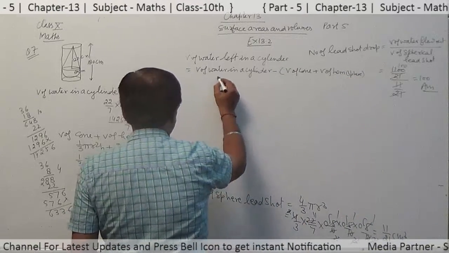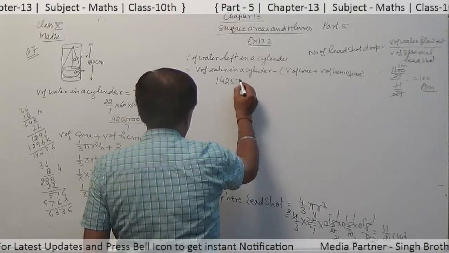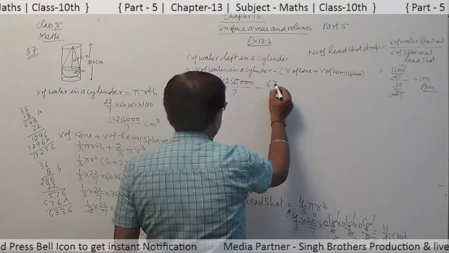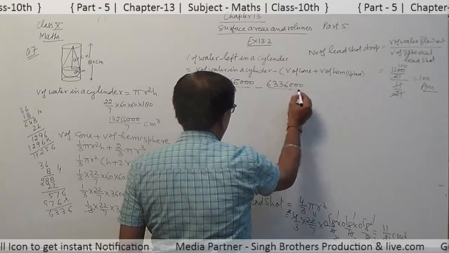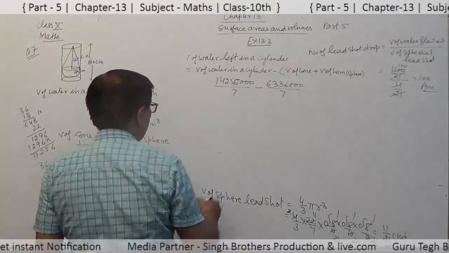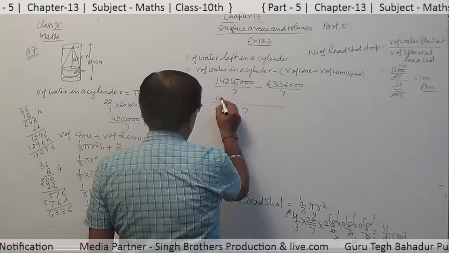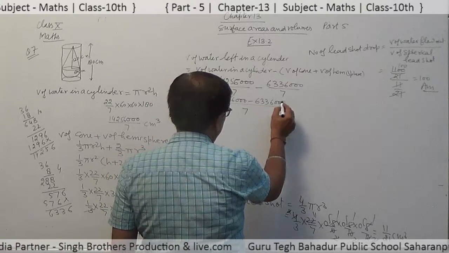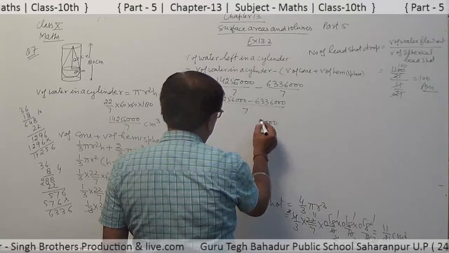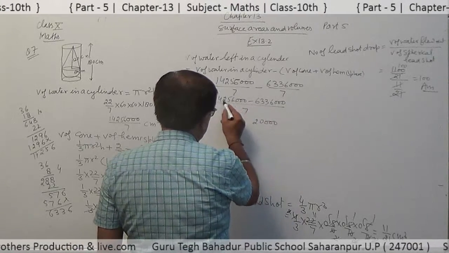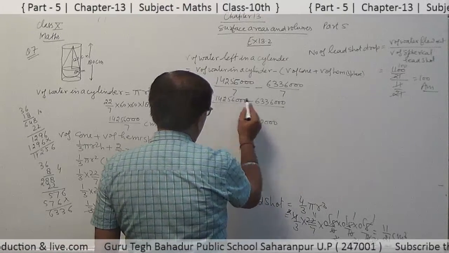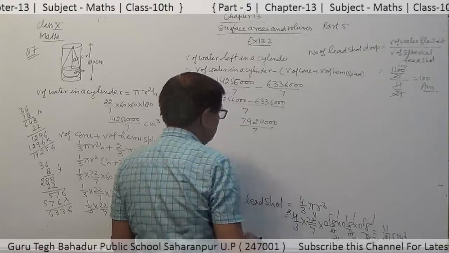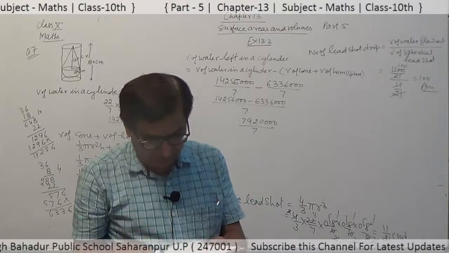That is 14256000 upon 7 minus 6336000 upon 7. 7 is the LCM. 14256000 minus 6336000: 6 minus 6 is 0, 5 minus 3 is 2, 12 minus 3 is 9, 13 minus 6 is 7, upon 7. So this will be the answer.